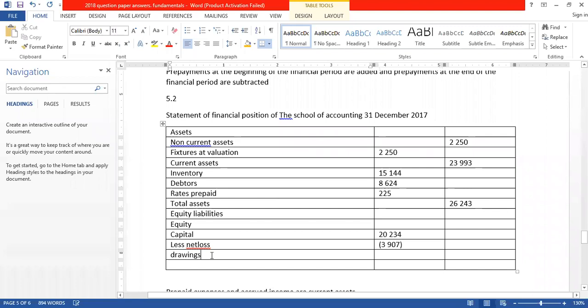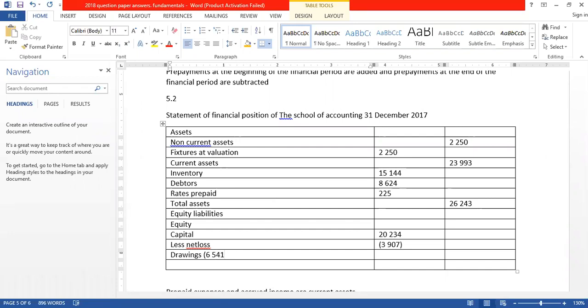Now, looking at the drawings, we have drawings that were paid through the bank and drawings that were paid with cash. But they are both drawings and therefore they should be added together. So you will have to add the amount together. 6,541.